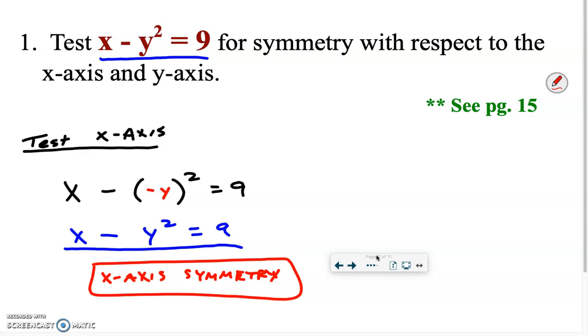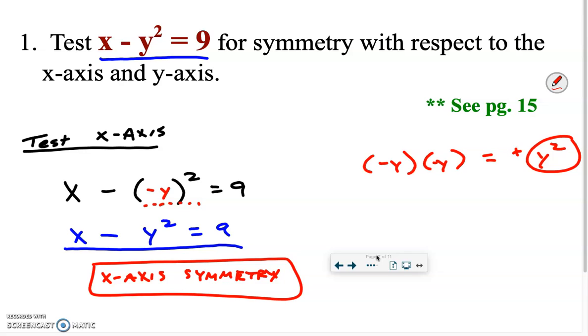Shouldn't the y squared go away? No, what that means is we have negative y times negative y. The negative times the negative does make this positive, but the y times the y is going to be y squared.